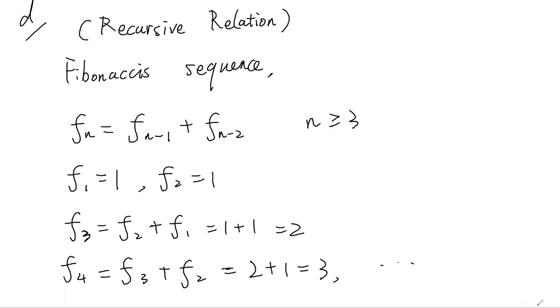Since there's an infinite number of terms here, and whenever there's an infinity, we are always interested in the limits of that infinite list. So of course, we will be interested in the limits of the sequence.